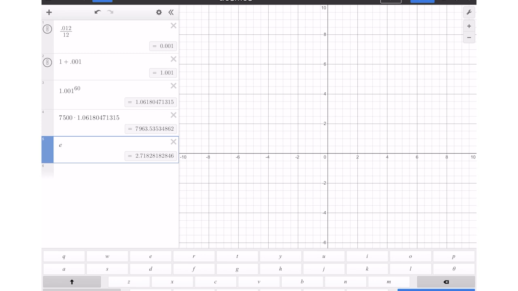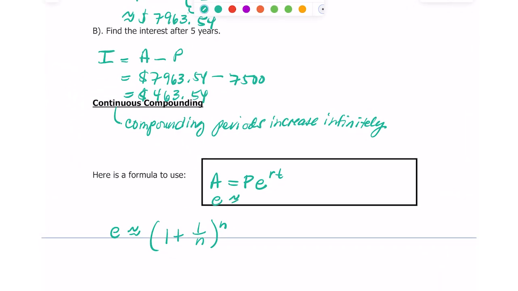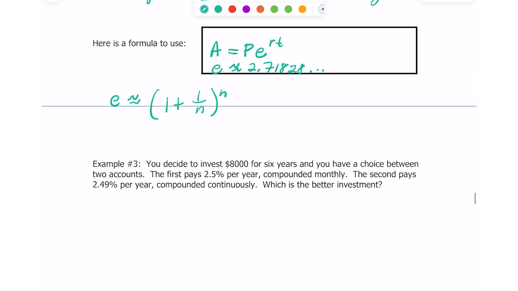It's 2.71828, etc. It's irrational, just like pi. It's non-terminating, non-repeating. So it's approximately equal to 2.71828, blah, blah, blah. But we're actually going to use the letter e when we're calculating.